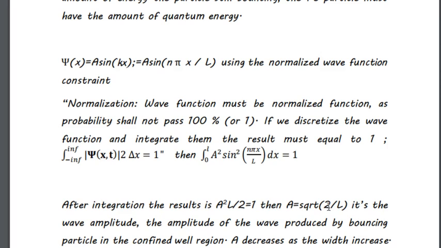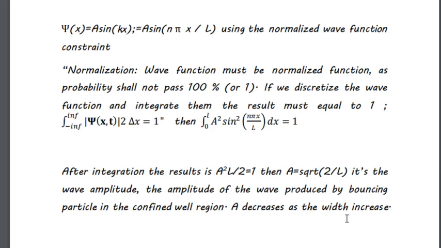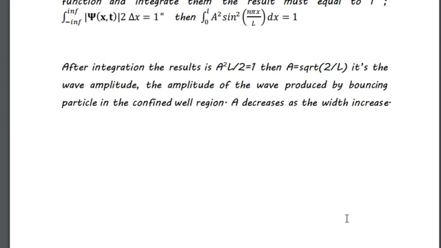Then A equals the square root of 2 divided by L, which is the wave amplitude produced by the bouncing particle in the confined well region. However, the value of A decreases if the width L increases, and vice versa.